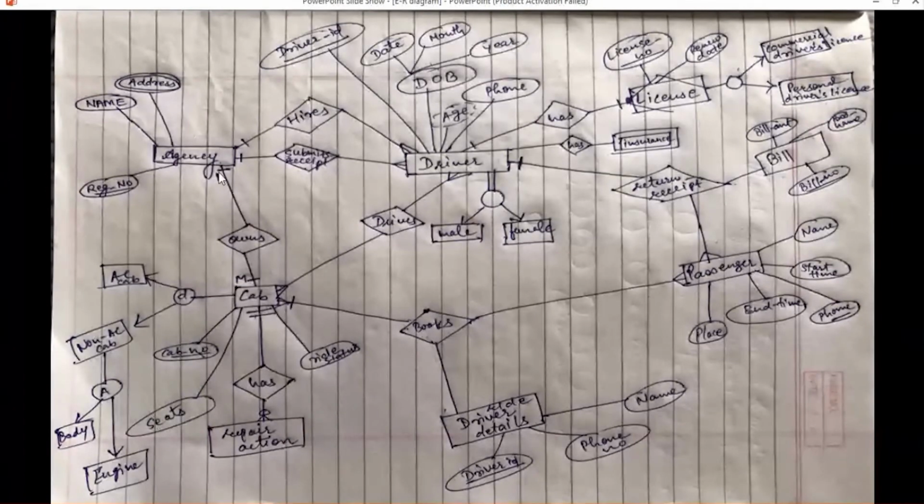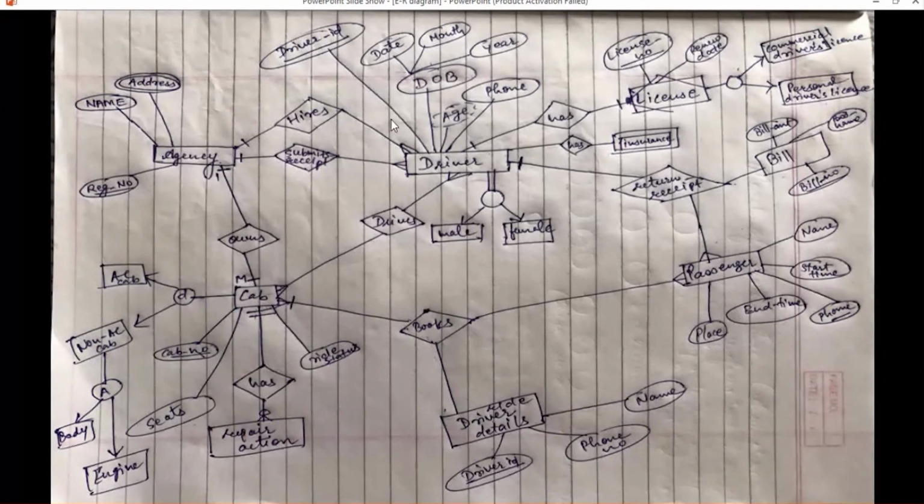One agency owns many cabs, and cab again has all these attributes. The existing relationship is shown between cab and repair action, and the repair action can be optional. The cab can be an AC cab or a non-AC cab, using this disjoint, and the cab is aggregated with the body of the car and the engine of the car.